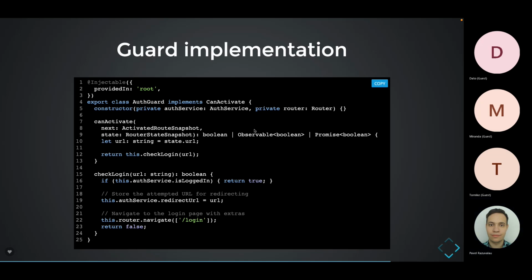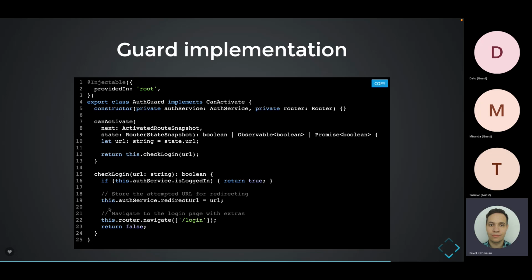So within the canActivate method, we can return any value, and because it enables us to return any asynchronous object within the guard, we can also perform requests to the backend to check some condition.